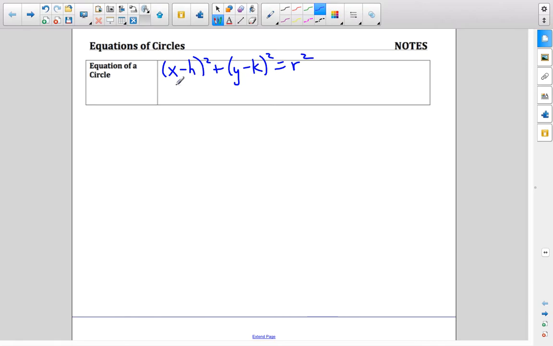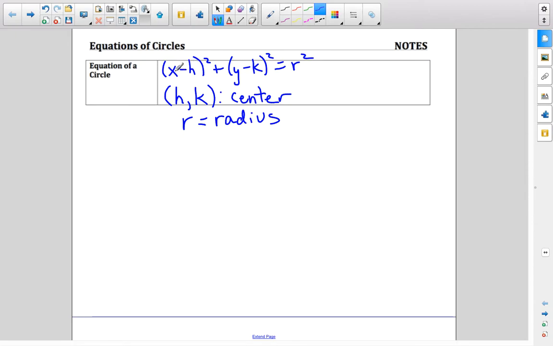Well, h is the first coordinate and k is the second coordinate. That tells us where the center of the circle is. And r, in this case we square it over here, equals the radius of the circle.